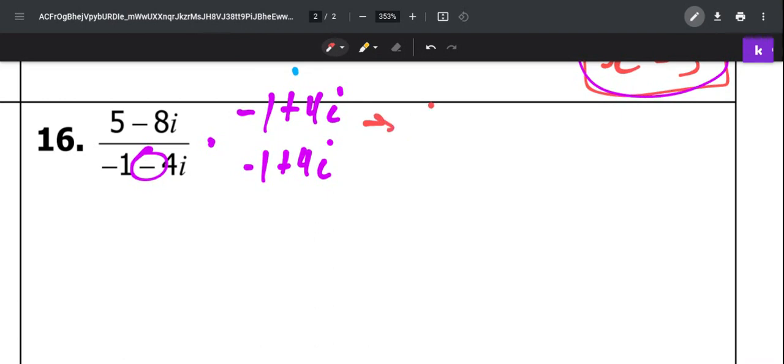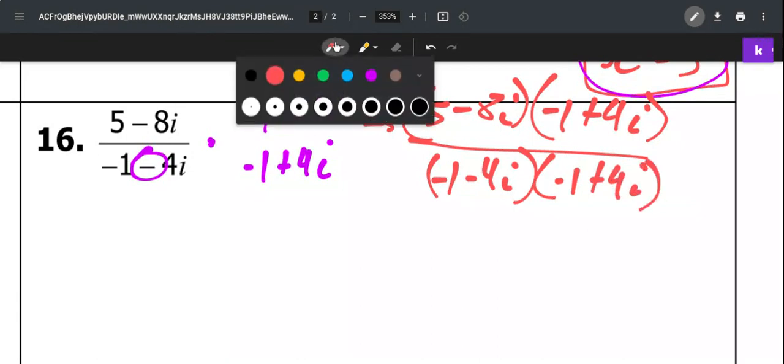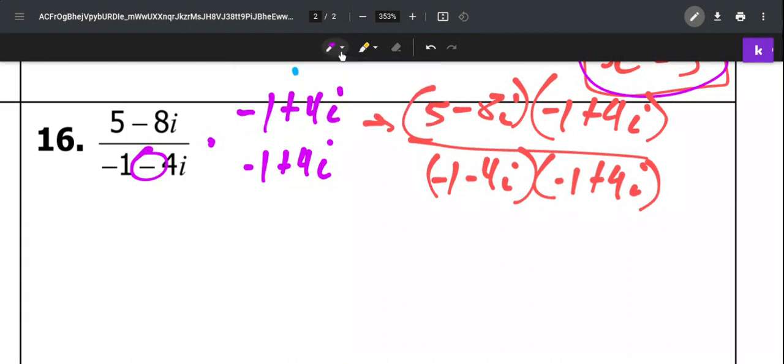We would end up with 5 minus 8i times negative 1 plus 4i over negative 1 minus 4i times negative 1 plus 4i. So if you notice, we actually have to FOIL on the top and the bottom, which sucks, but we just have to do it.